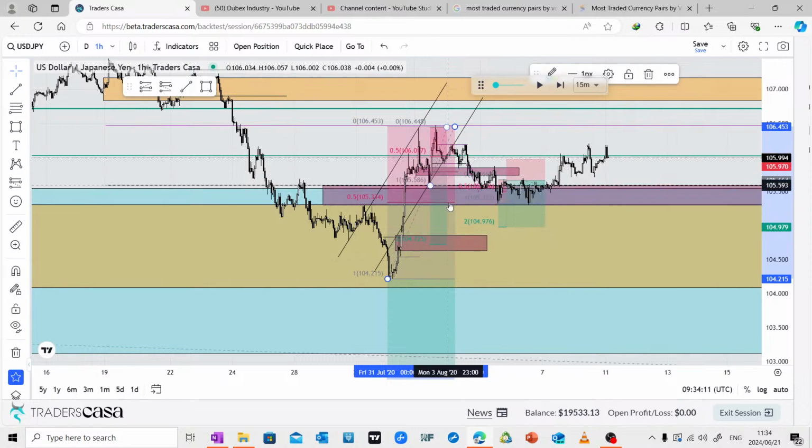So yeah, guys, I think that's the biggest lesson we can learn from here, is don't buy premium. Never buy price that's in premium. Buy in discount. Always. So we'd rather wait for this market to retrace down so that we can buy.